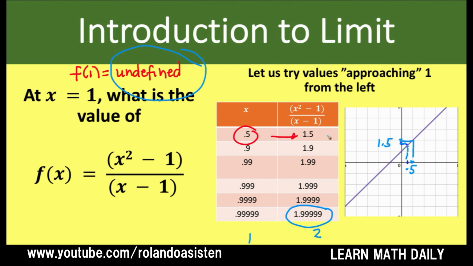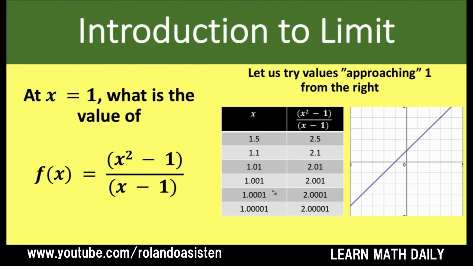This is the behavior of the function as we take x values from the left going to the right. So 0.5 is coming from the left and 0.999 is going to the right. Our direction is going that way. Now this time, let's take values coming from the right side. So what if x is 1.5? X 1.5 is here. The value of y is 2.5.